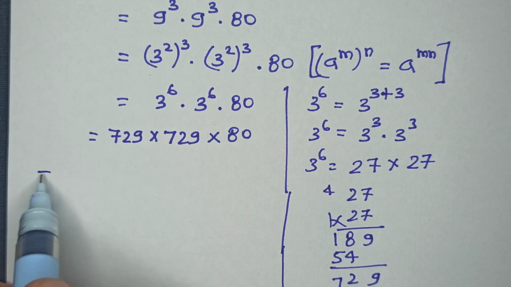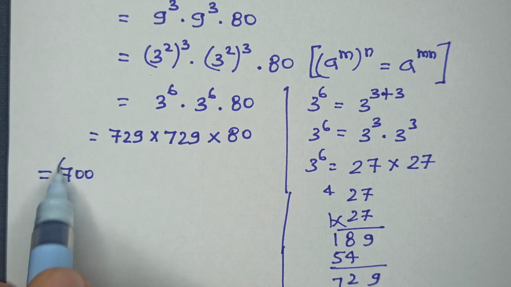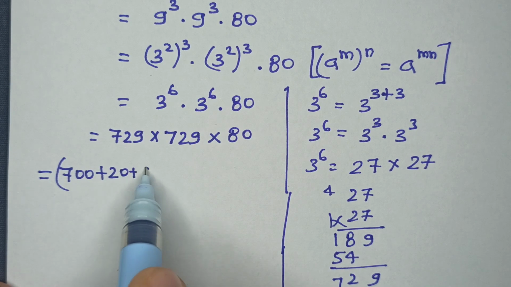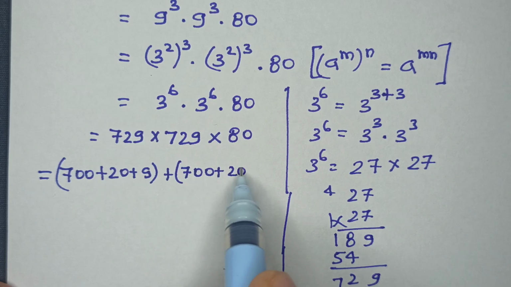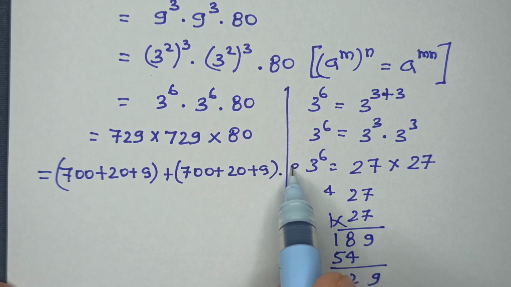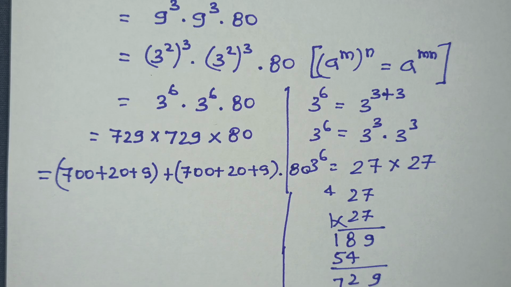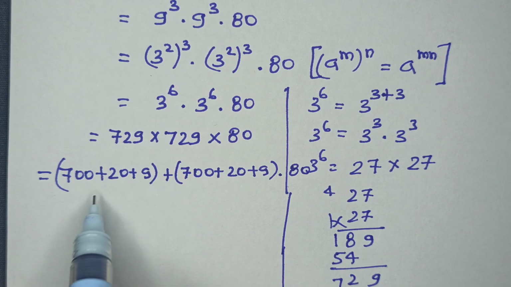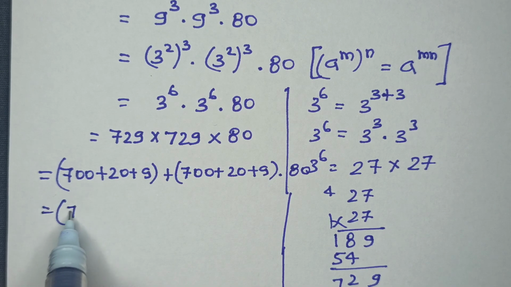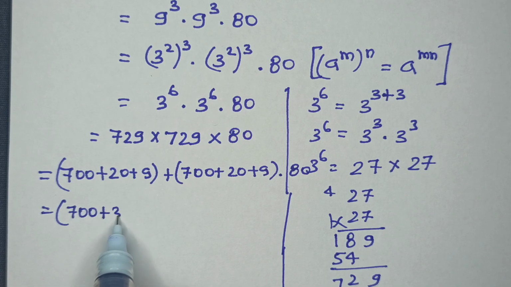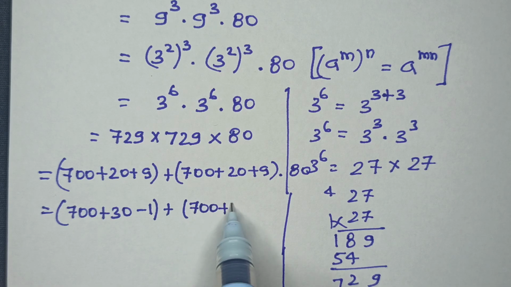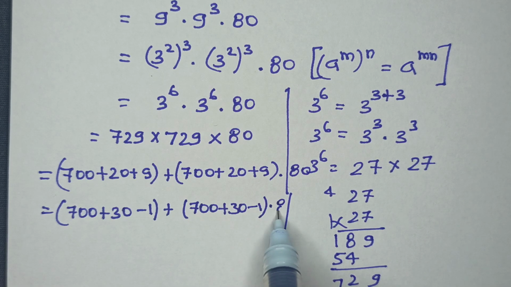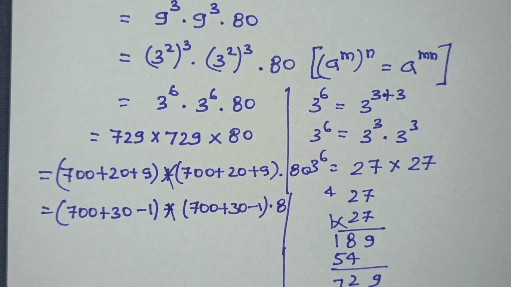Now after this 729 can be written as 700 plus 20 plus 9, multiplied by 700 plus 20 plus 9, multiplied by 80. Now 729 here can also be written as 700 plus 30 minus 1, and this again can be written as 700 plus 30 minus 1, multiplied by 80.